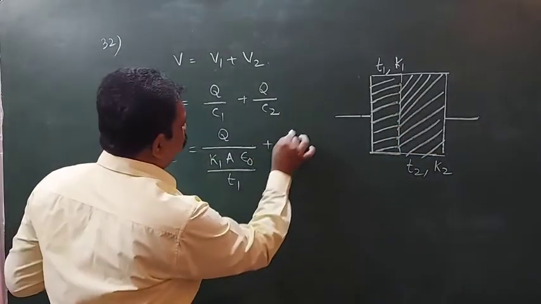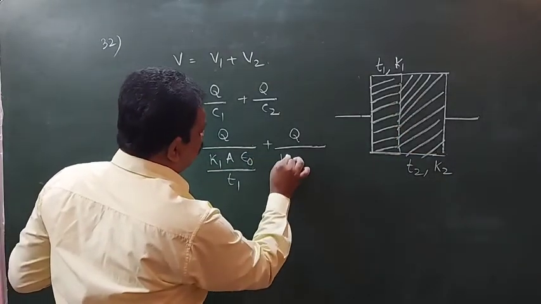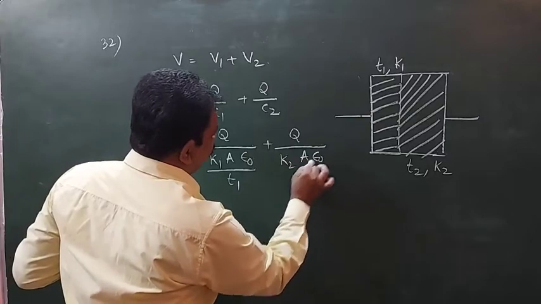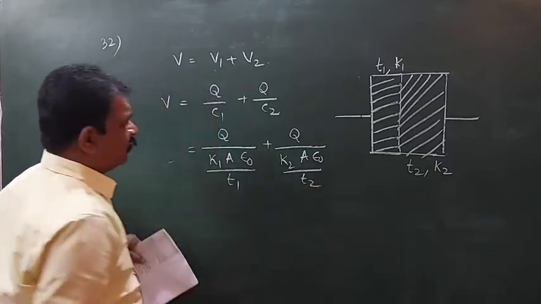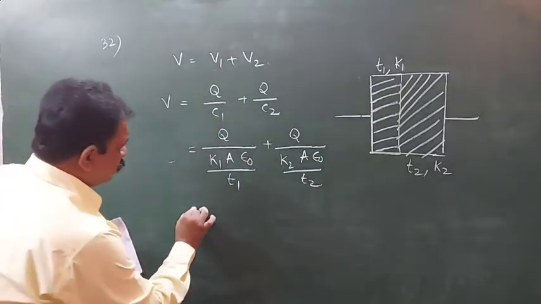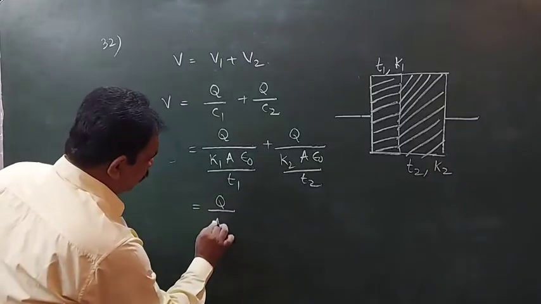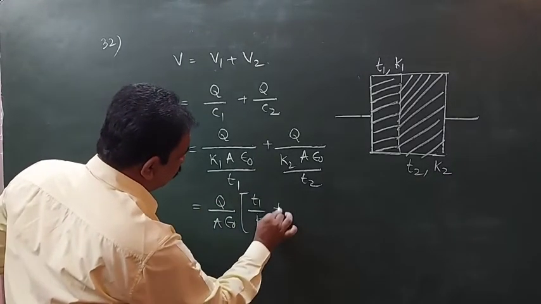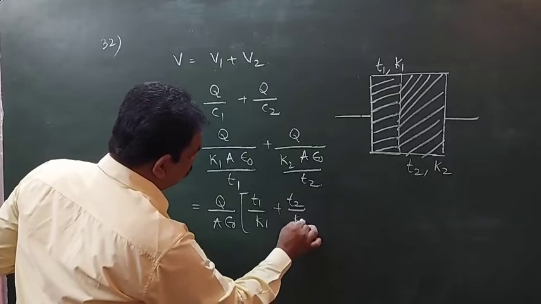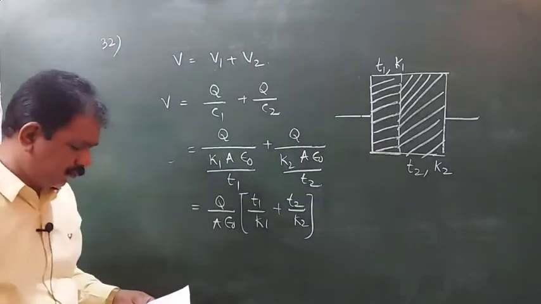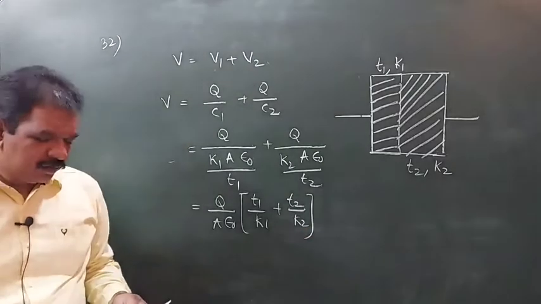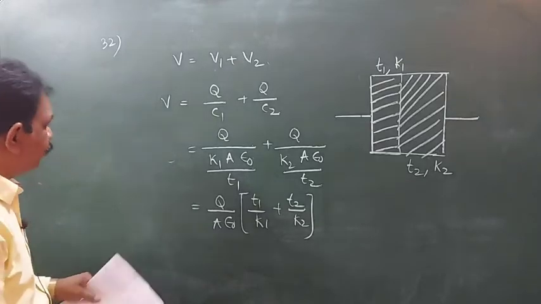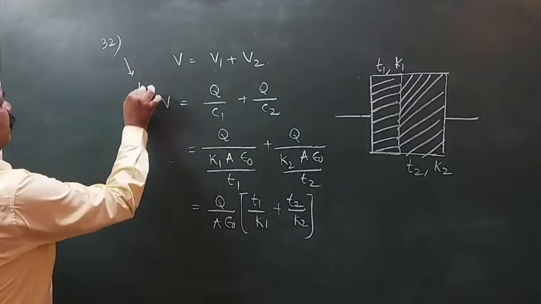Plus Q by K2 A epsilon naught by T2. So V equals Q by A epsilon naught times T1 by K1 plus T2 by K2. Okay, so 32 will be the first option.